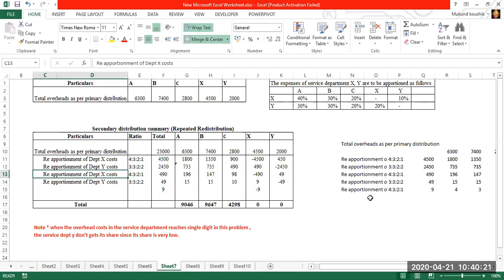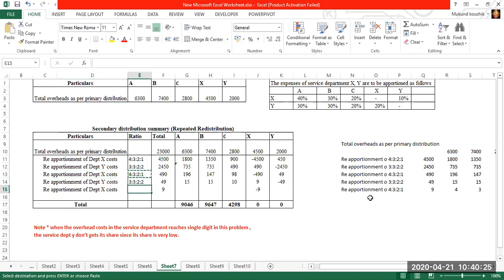Again the ratio will be 4:3:2:1 itself. So for department A it will be 9 into 4 by 10. Now for department B it will be 9 into 3 by 10. For department C it will be 9 into 2 by 10.